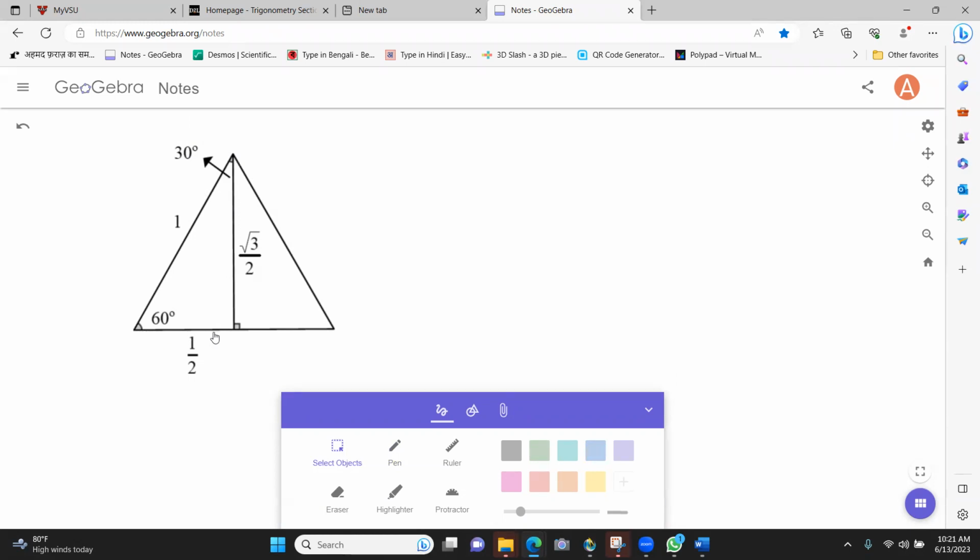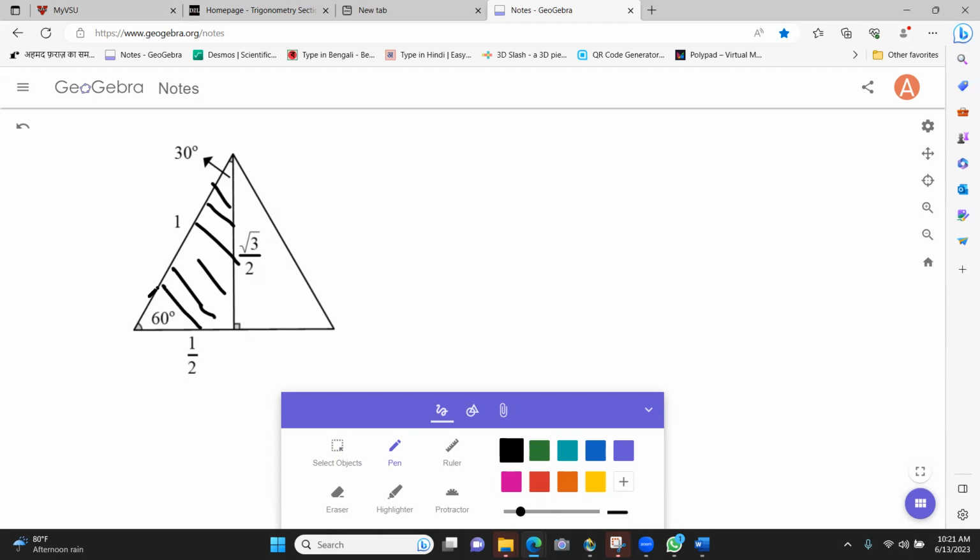Well, that's easy. I'm not trying to convince you. This angle is 30 because this is 60. It's going to be half. This is 60. That's 60. This is 90. So I'm looking at this right triangle. Okay.